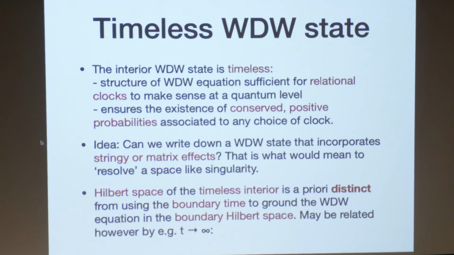Okay. So an idea for the future, what would it mean to resolve a time-like singularity? To resolve a space-like singularity, some stringy degrees of freedom become important at the singularity. For a time-like one, I think what we should do is write down a wave function that's not minisuperspace, not a wave function of the metric, but a wave function of some matrix degrees of freedom or some stringy fields.